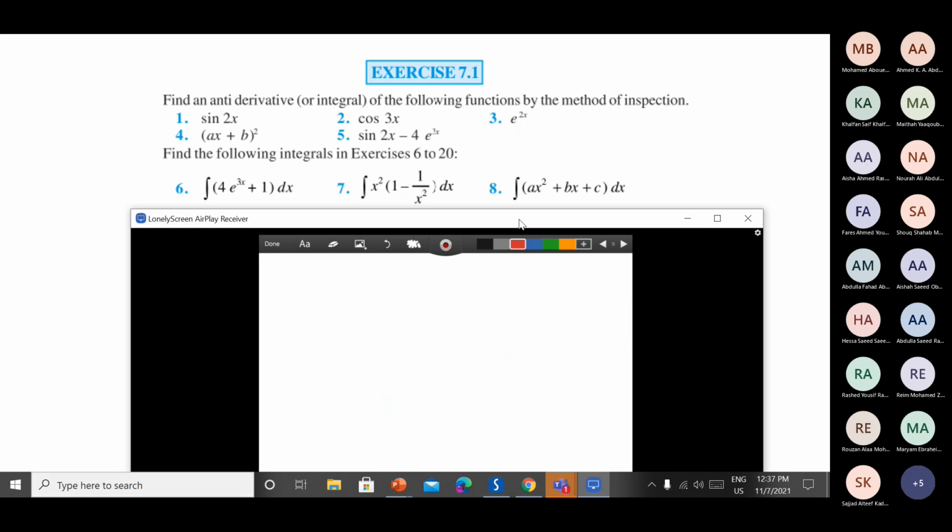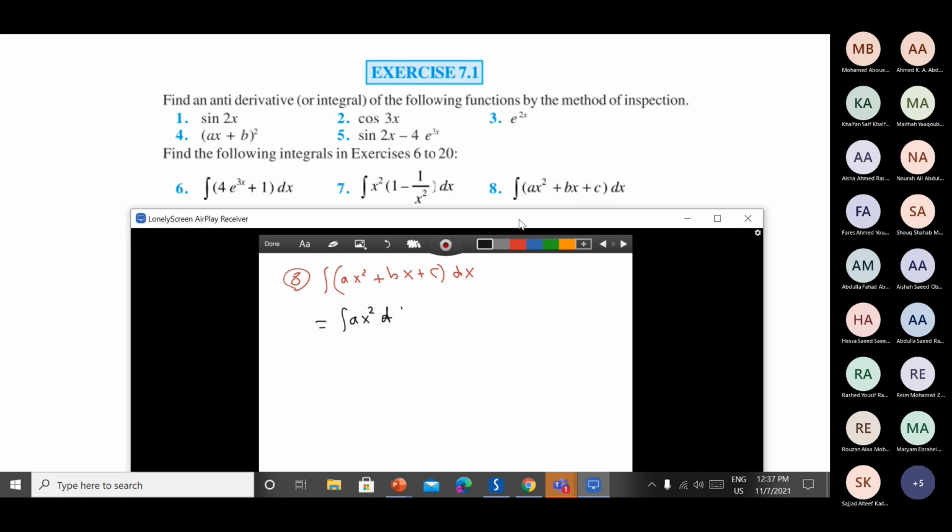Now let's go for number 8. What is the integration of a x squared plus bx plus c dx? As simple as that, I distribute the integration over the addition or subtraction, no problem.